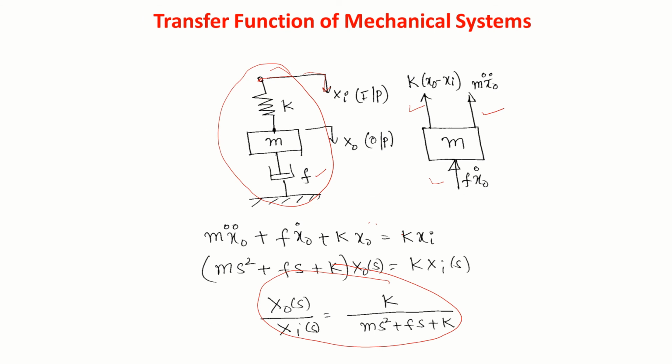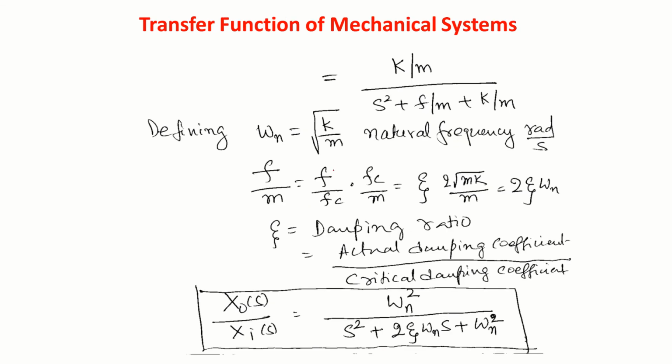Again, this is an interesting thing. You divide the numerator and denominator by m. You will get k by m, s square, f by m, k by m. This root of k by m is called omega n. We call it the natural frequency of the system. If you know the stiffness and mass, we can find the natural frequency of this.